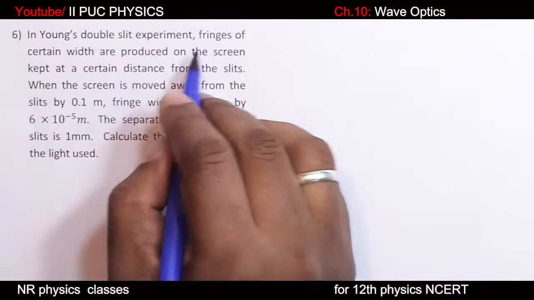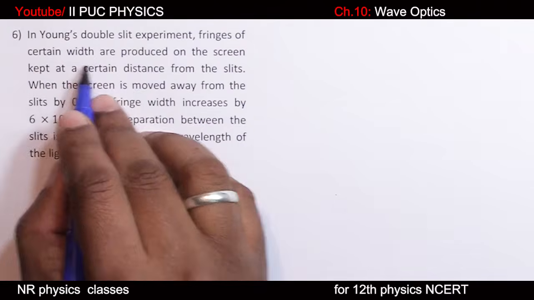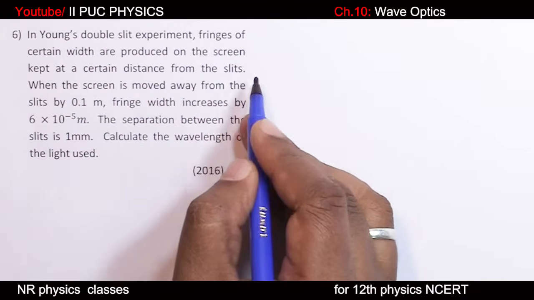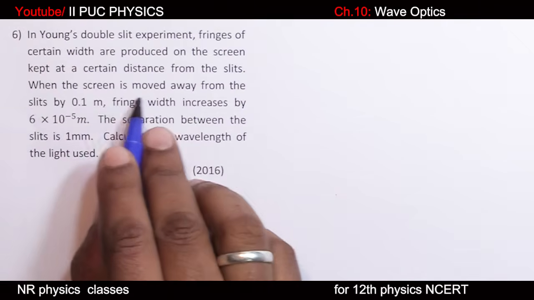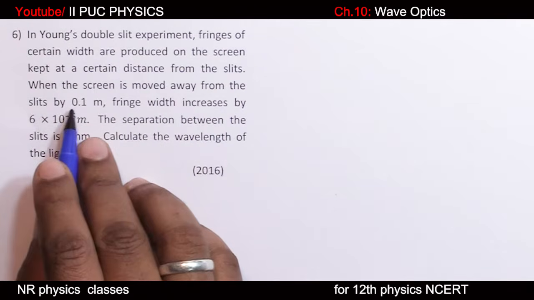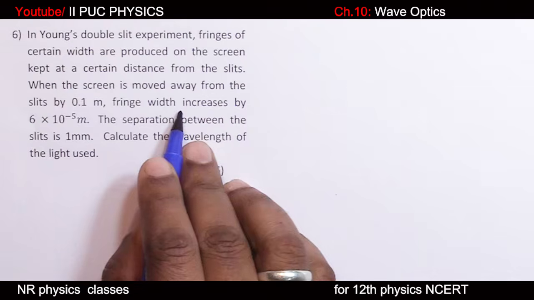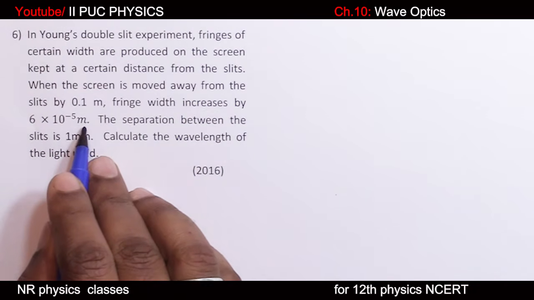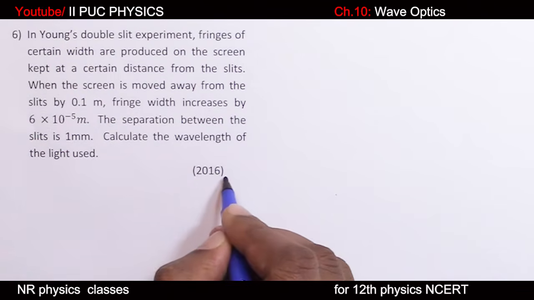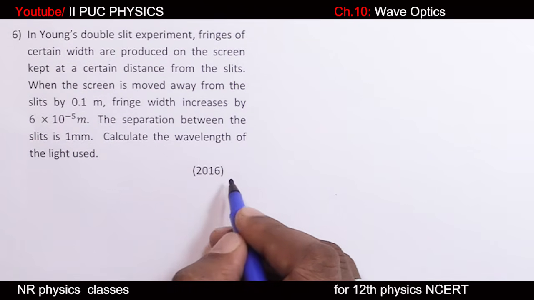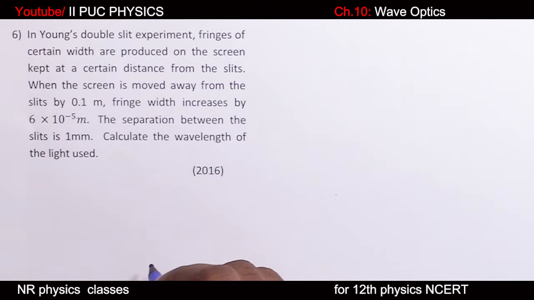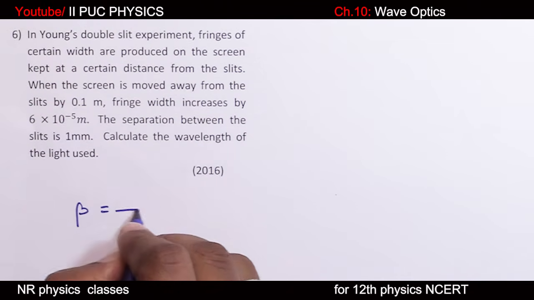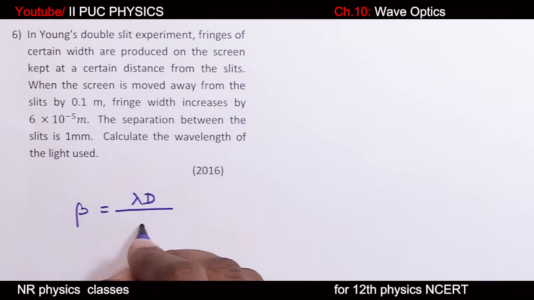In Young's double slit experiment, fringes of certain width are produced on the screen, kept at a certain distance from the slits. When the screen is moved away from the slits by 0.1 meter, fringe width increases by 6 × 10^-5 meter. It is a 2016 board exam problem. It's mentioned beta equals lambda capital D by small d.